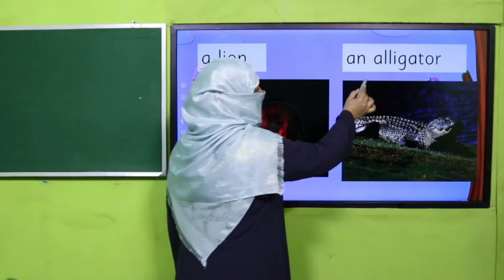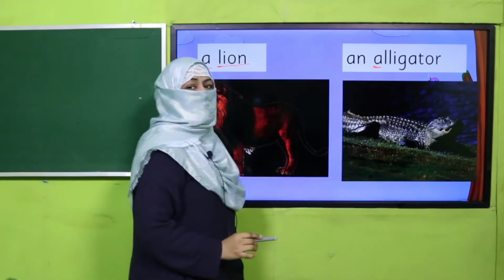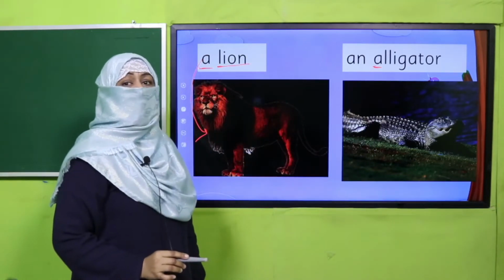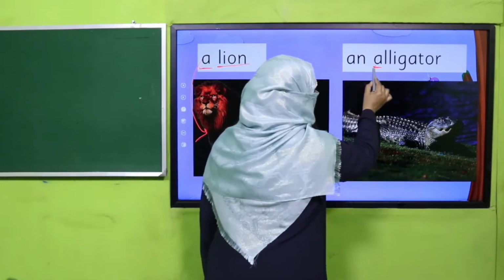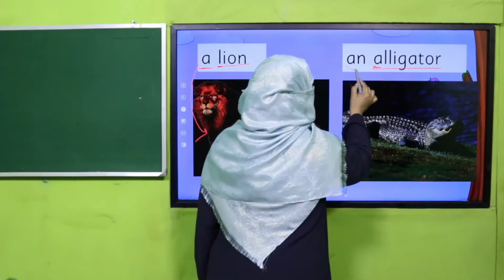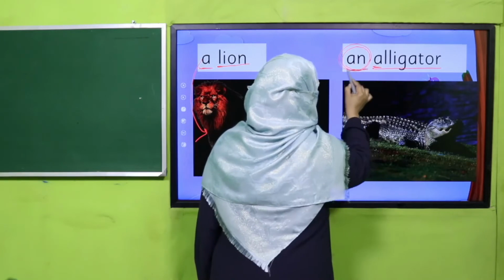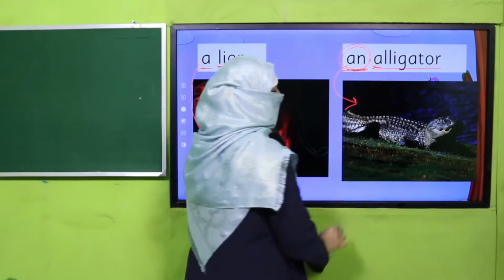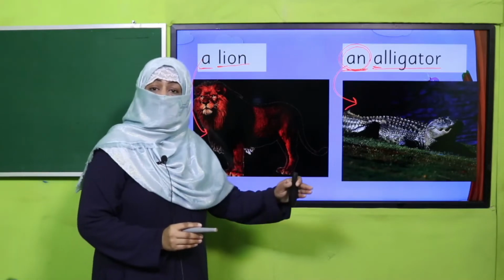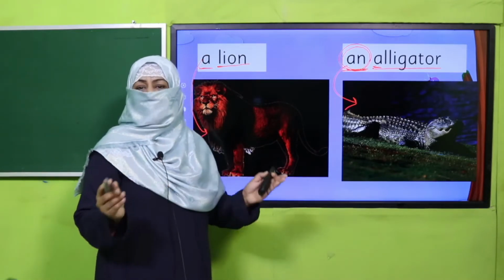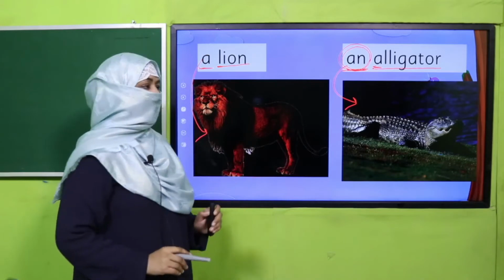Likewise, alligator. This is a vowel sound, that's why we write an alligator. Again, it is general. That's why it's indefinite, because it can be any alligator or every alligator, right?